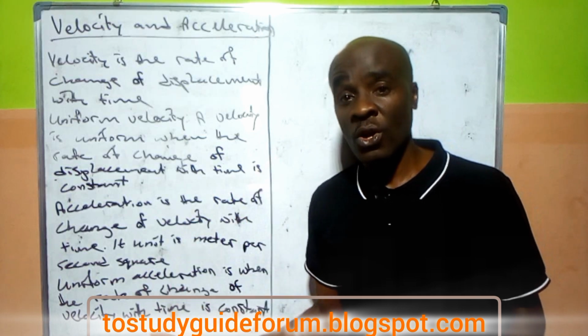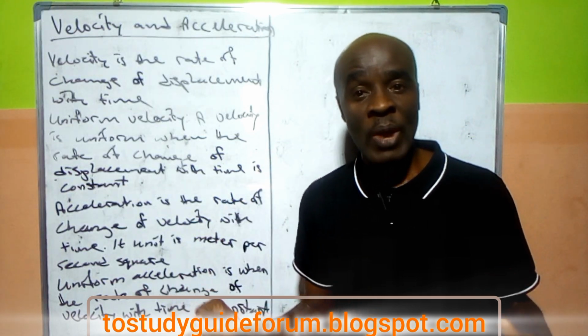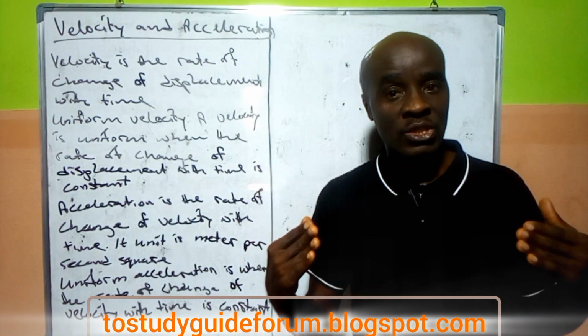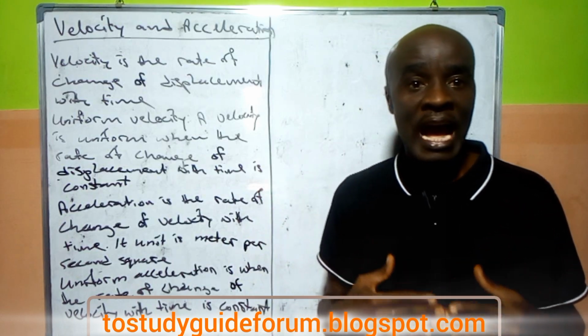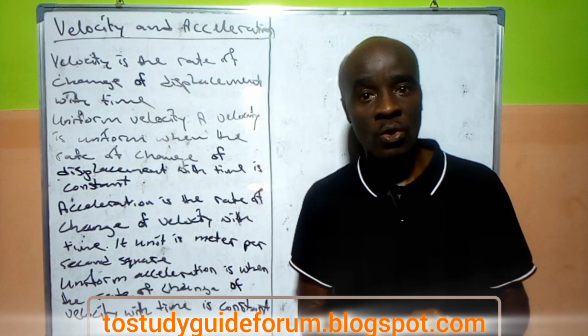Velocity is a vector quantity while speed is a scalar quantity. What do I mean by that? Velocity has magnitude, that means size, and what? Direction, while speed has only size. That is one of the things you should note about it.